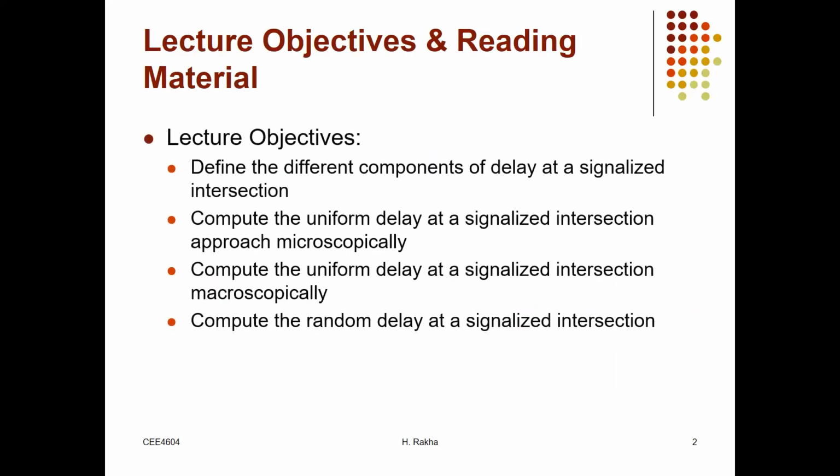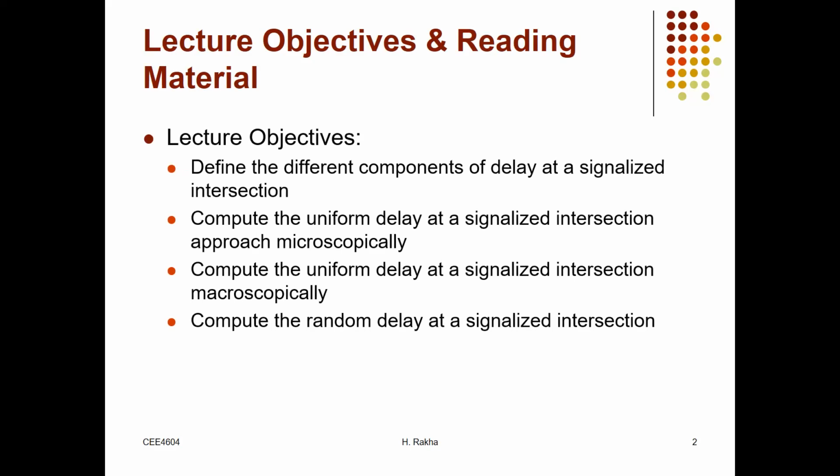In terms of the objectives of today's lecture, we're going to define the different components of delay at a signalized intersection. We're going to compute the uniform delay at a signalized intersection using what we call a microscopic approach. Then we're going to compute the uniform delay using a more macroscopic queuing theory approach.